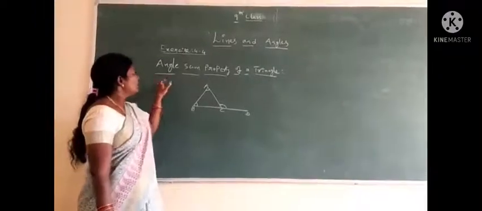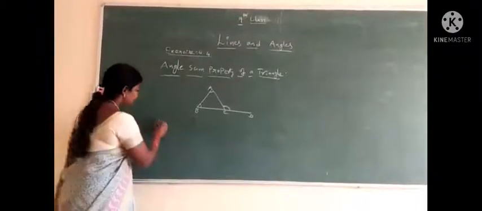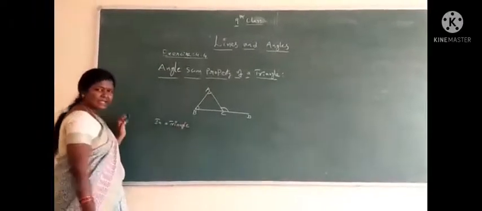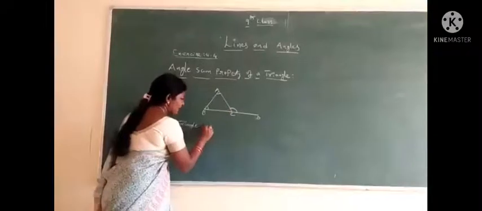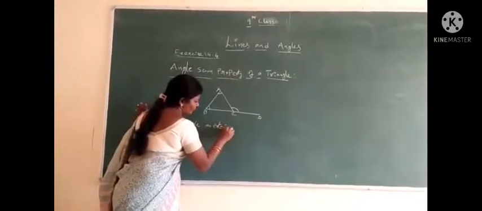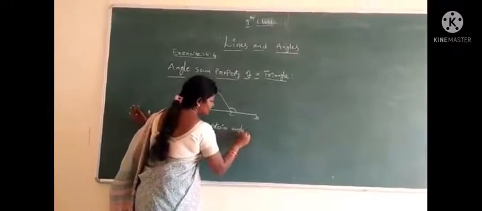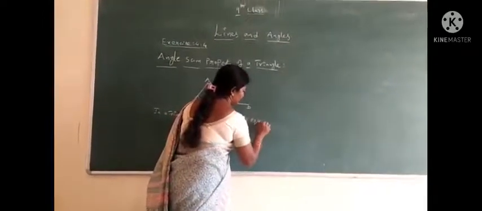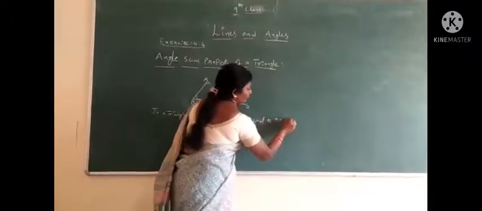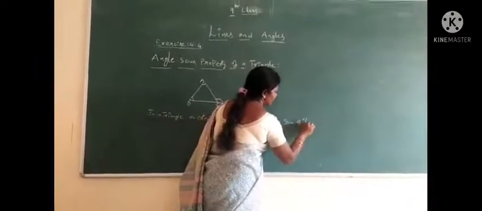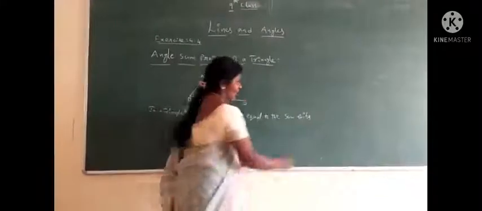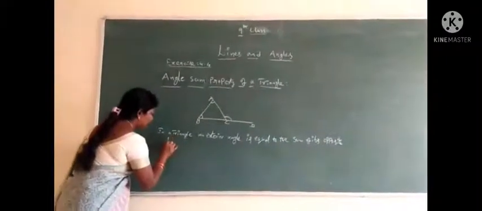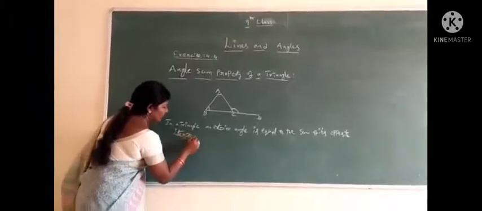So, in a triangle, an exterior angle is equal to the sum of its opposite interior angles.